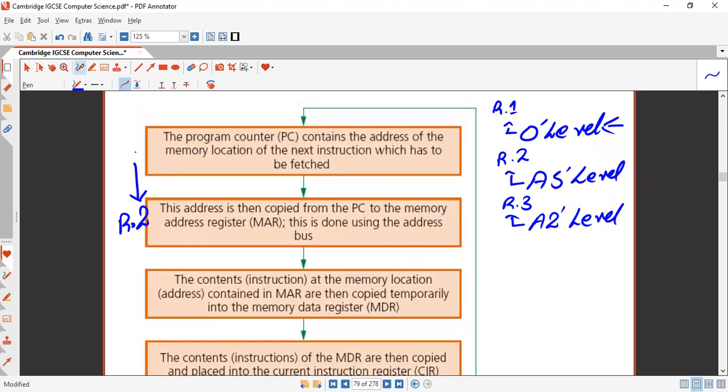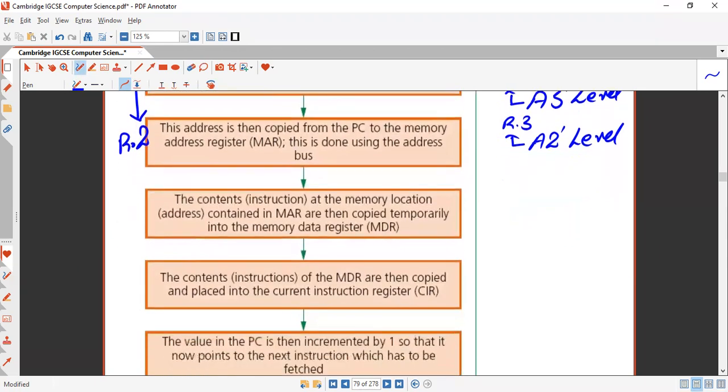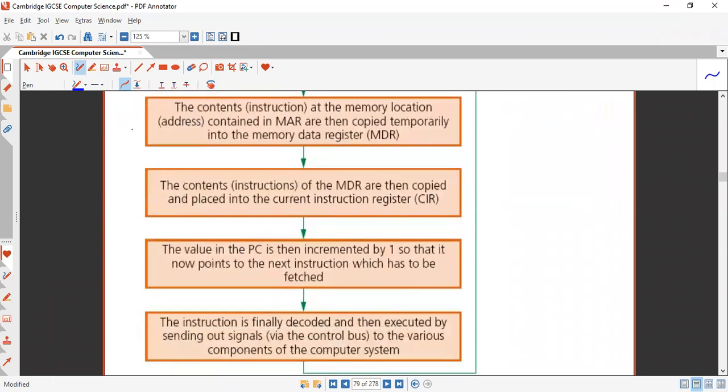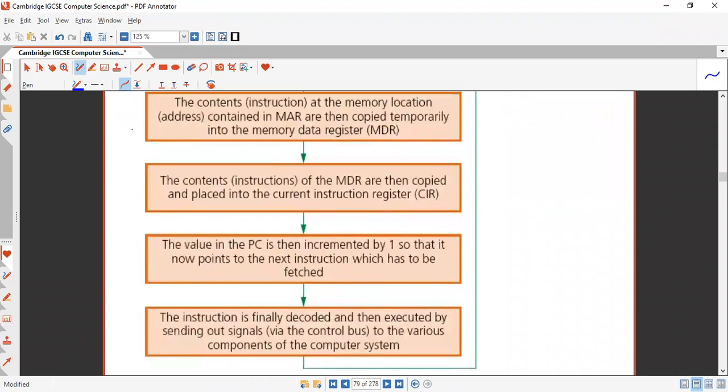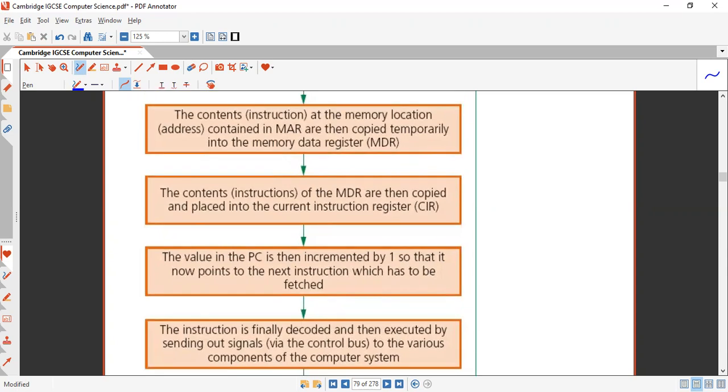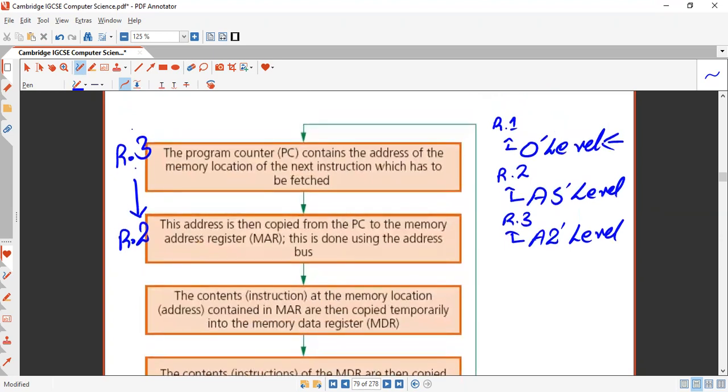So there will be an increment in the program counter by 1, and now it will point to the next instruction that needs to be fetched, that is room number 3. And finally, the instruction will be decoded and executed, and the similar cycle will repeat itself until the entire process has been completed. For this point, Rayan, clear? So we are done with the fetch execute cycle as well. Okay.